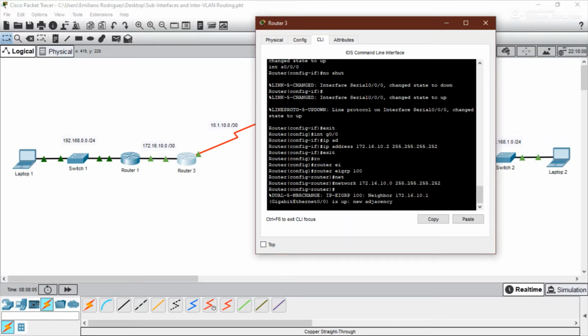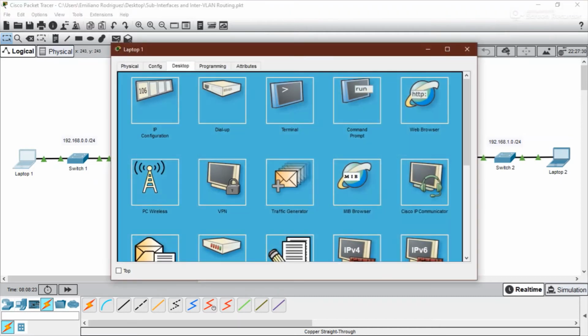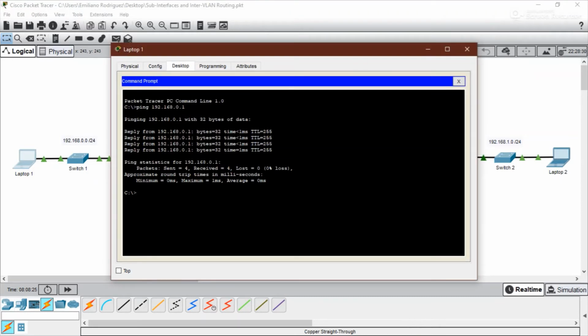Router 3 has a new adjacency with router 1, that is 172.16.10.1. Laptop 1 now should be able to ping router 3. That is 172.16.10.2.